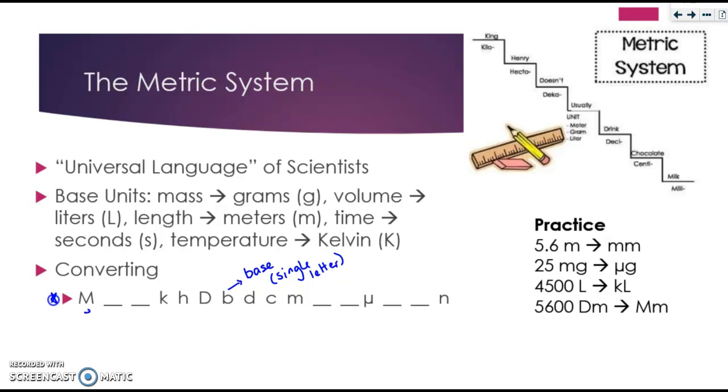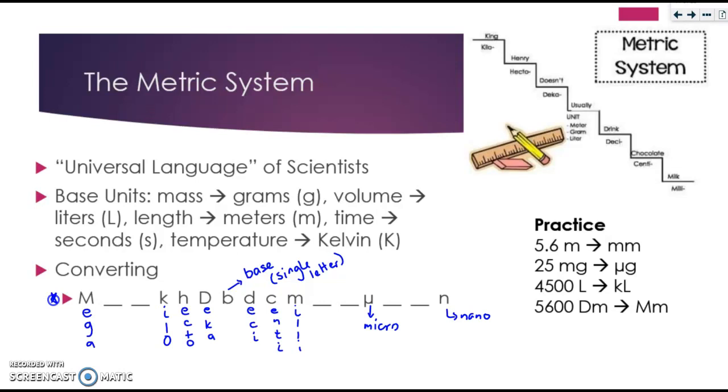The capital M is mega, the K is kilo, H is hecto, the capital D is deca, the lowercase d is deci, the C is centi, the M, if it's the first letter of 2, is milli, the U is kind of funny looking, it stands for micro, and the N is nano.